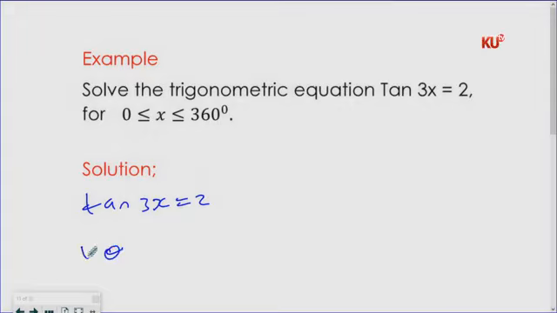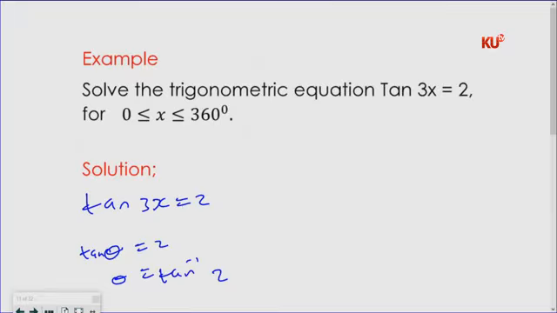If you have, let's say, tan theta is equal to 2, to get theta, you are to say theta is equal to tan inverse of 2. Use your calculator to save time, though you can as well use the four-figure mathematical table, but for this one, you just need to use the calculator to save time.